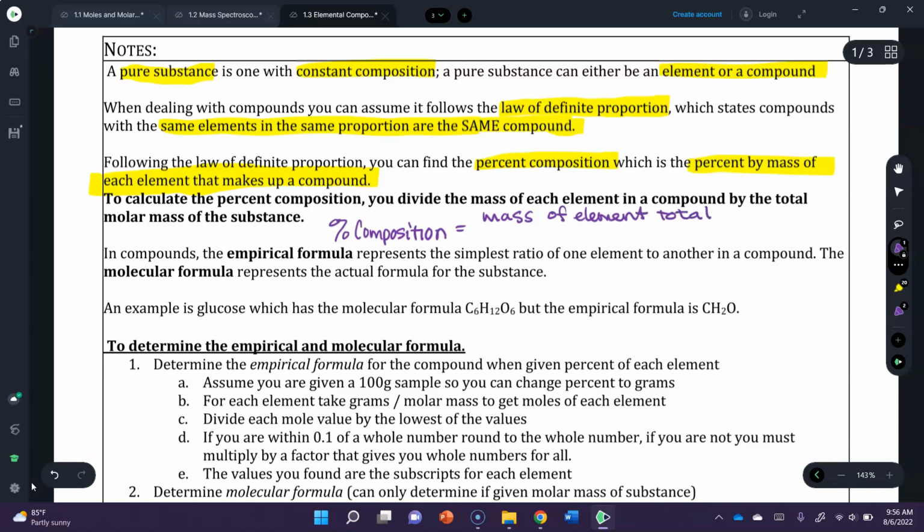If there's a subscript, you need to multiply the periodic table mass by the subscript, and then here we have the molar mass of the compound, times 100, okay, because it's a percent.